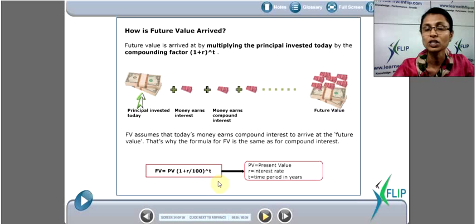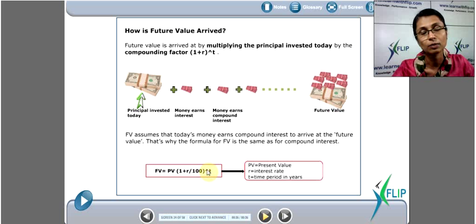Now, one thing which is very important in all these time value calculations is make sure that your r and t are in the same units. What does that mean? If we are looking at an annual interest rate, we need to look at a yearly time period. If you're looking at a quarterly interest rate, it has to be a quarterly time period. Be careful about that. How do you realize that?